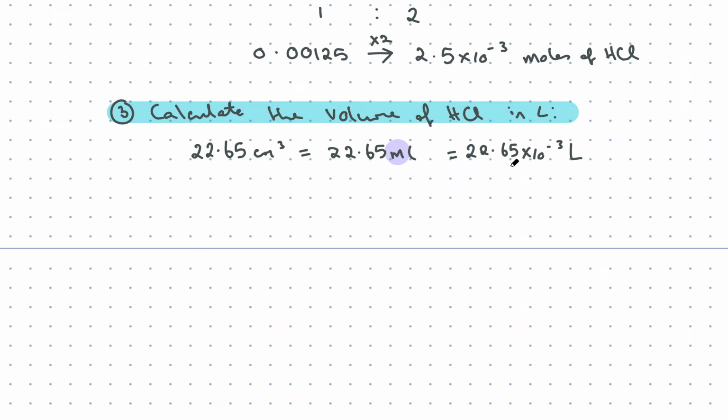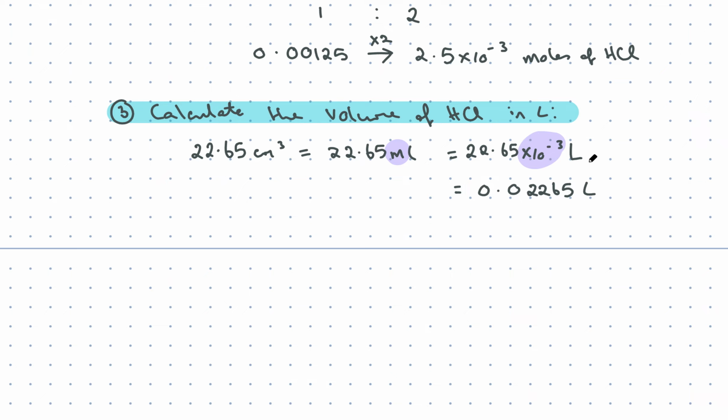So all I did was swap the milli for what it actually means, which is by 10 to the minus 3. And if I want to tidy that up a little bit more, I can write it as 0.02265 if you'd rather work in decimals.